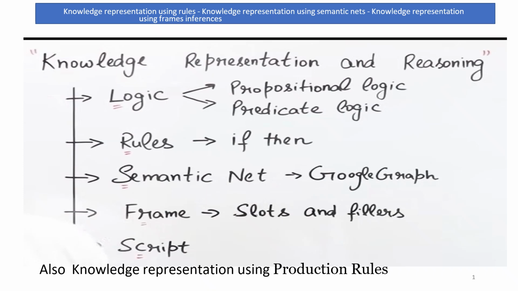And finally, customer leaves the restaurant. It is mainly used for understanding common activities and predicting the next action. So this is about knowledge representation, and it is mainly used to store information and perform reasoning for intelligent decision making.